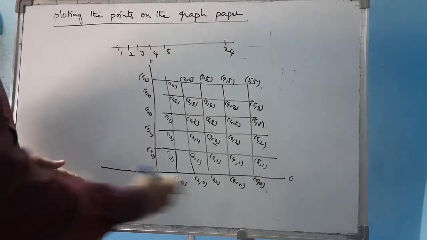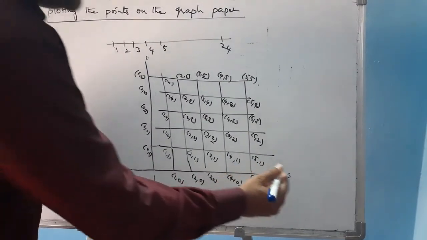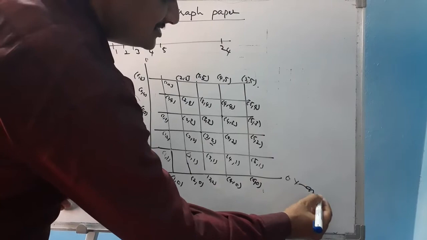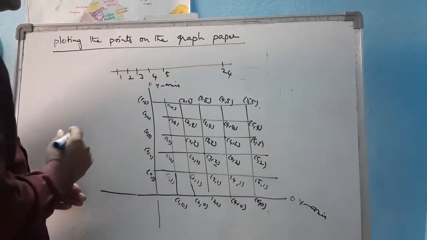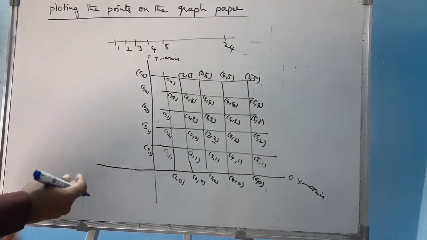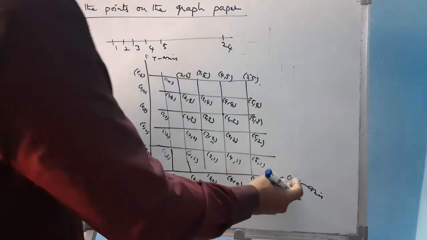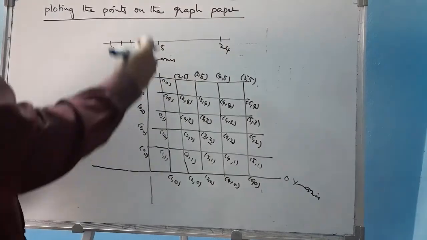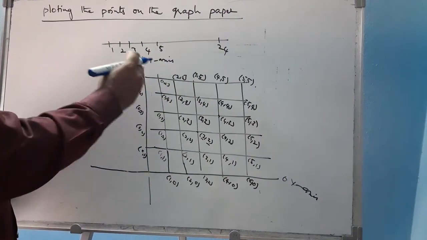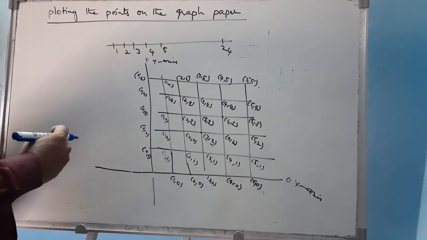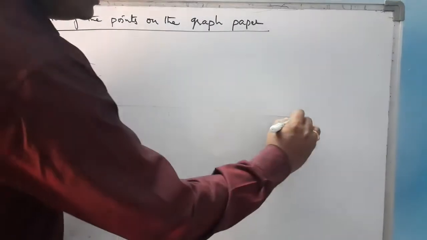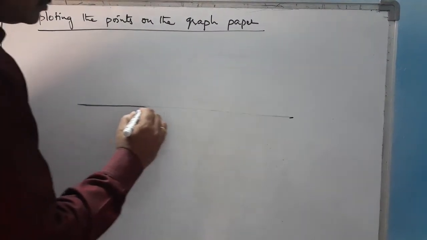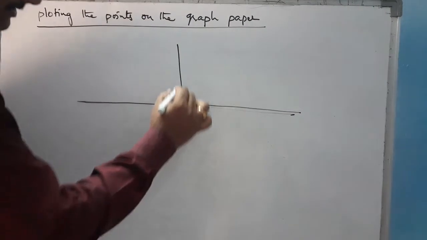So this is the 0. The horizontal line is known as the x-axis, and the vertical line is known as the y-axis. So now I am taking one horizontal line and one vertical line.